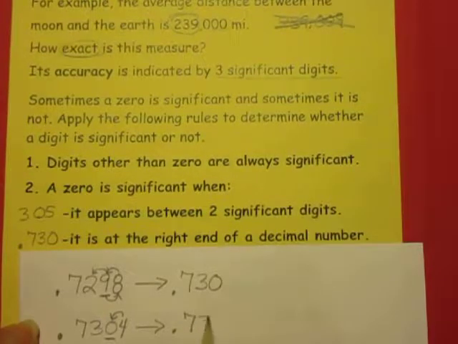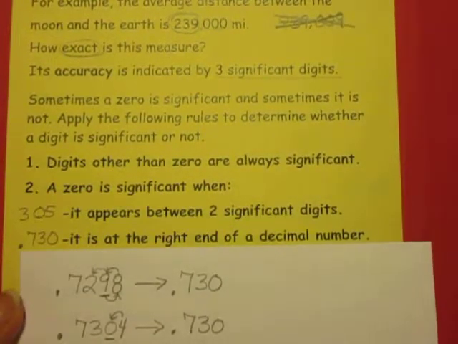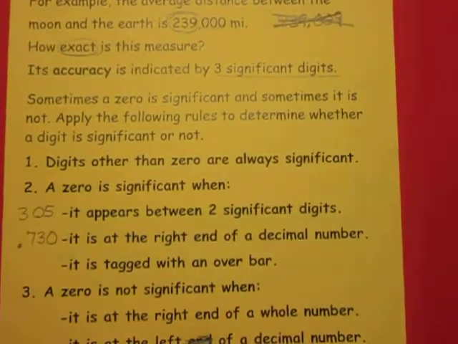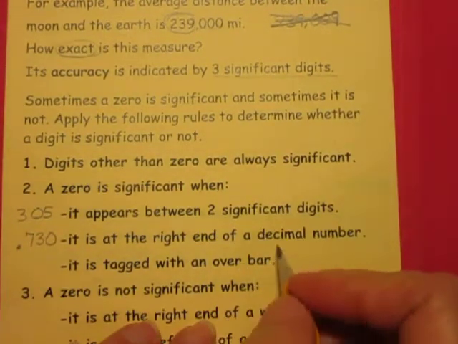So in other words, in each of these cases, I was needing to round to the 3rd place value, or the 1,000th place. It just happened to be that when I rounded it, it came out to be a 0. So whenever you have a 0 to the right of significant digits in a decimal, that 0 is also going to be significant. Or it might be a case where we've got a 0 tagged with an overbar.